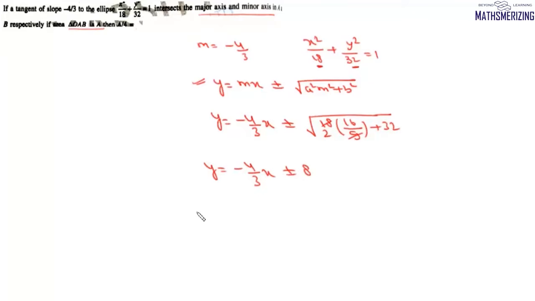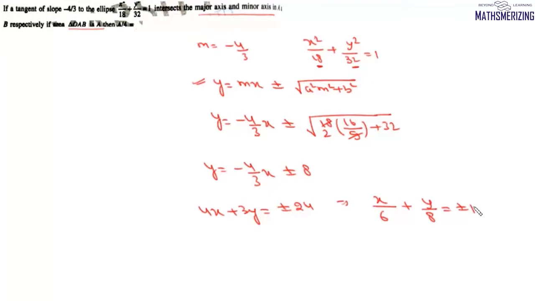So we can write this equation as 4x plus 3y equals plus or minus 24. We can also write this equation as x upon 6 plus y upon 8 equals plus or minus 1.